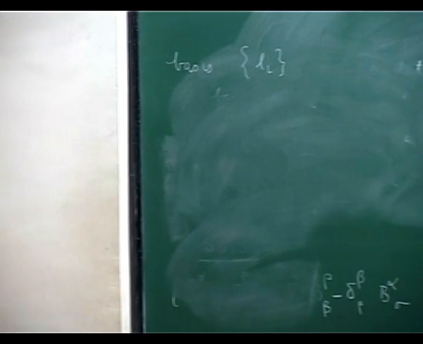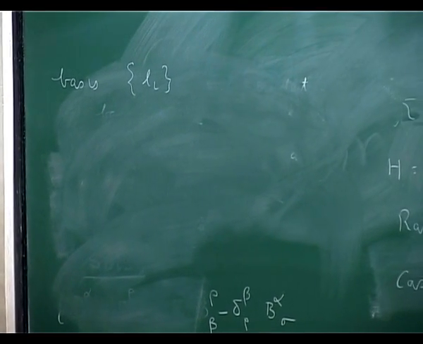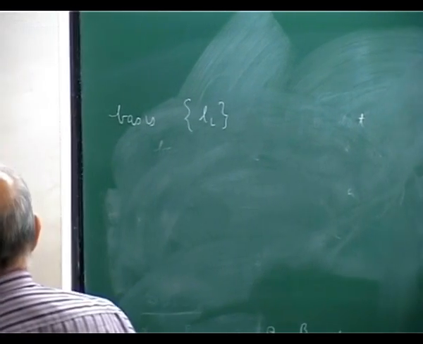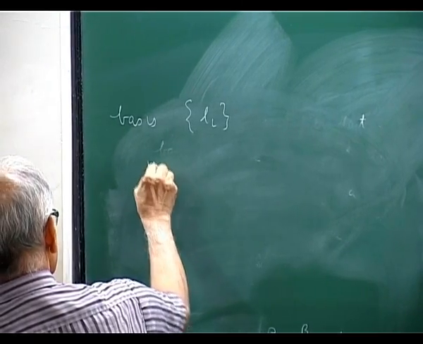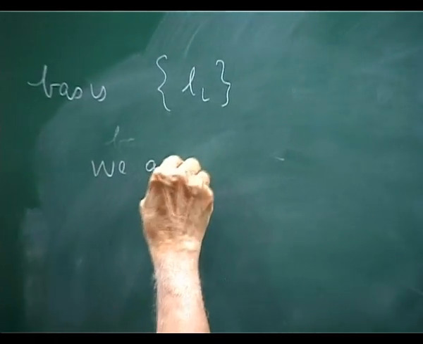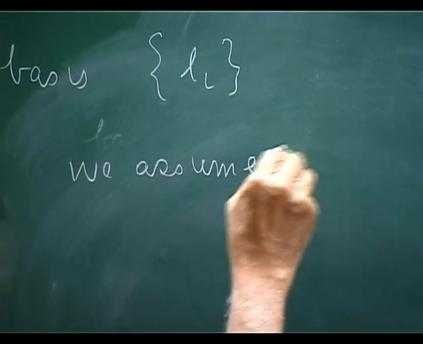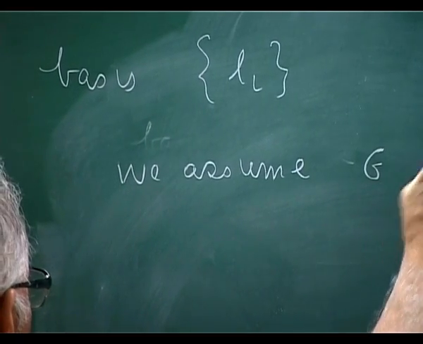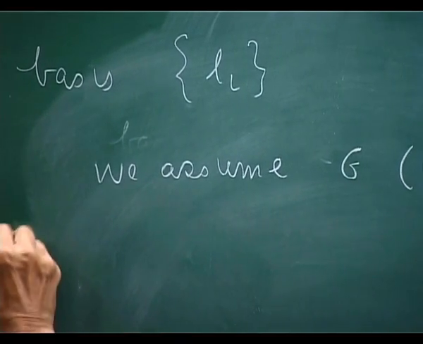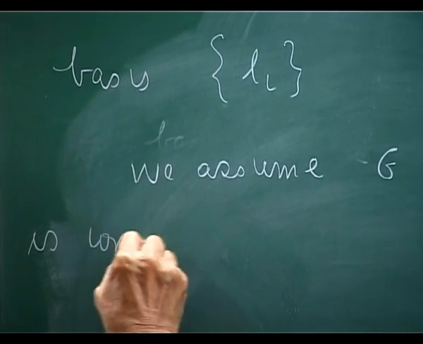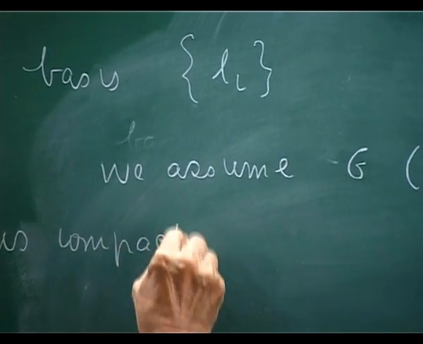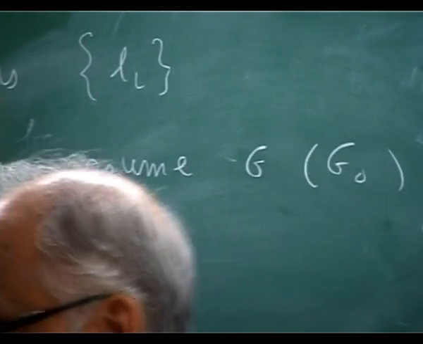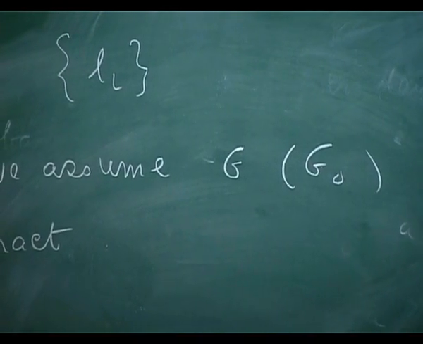Choose some basis, and I am assuming that G is compact, or rather G0, the connected component of G, is compact. That is all that is relevant in this case.